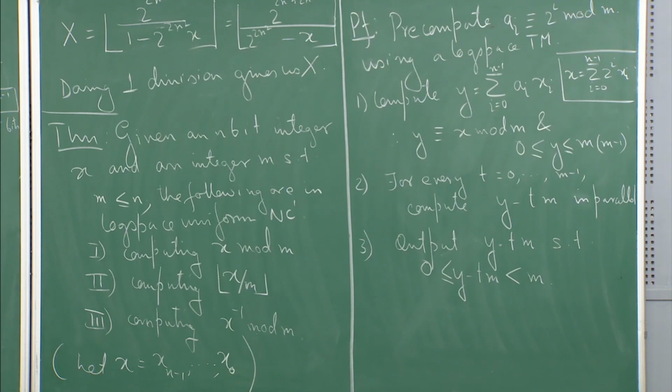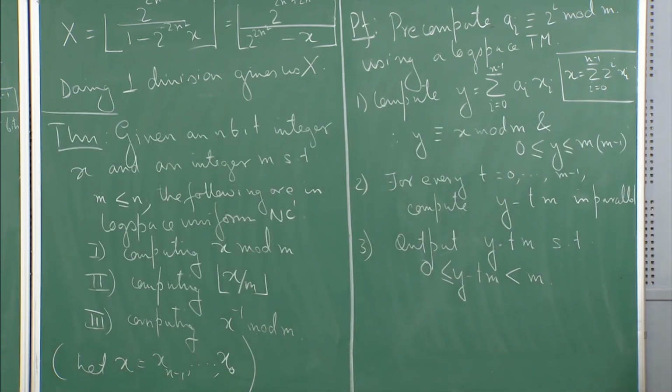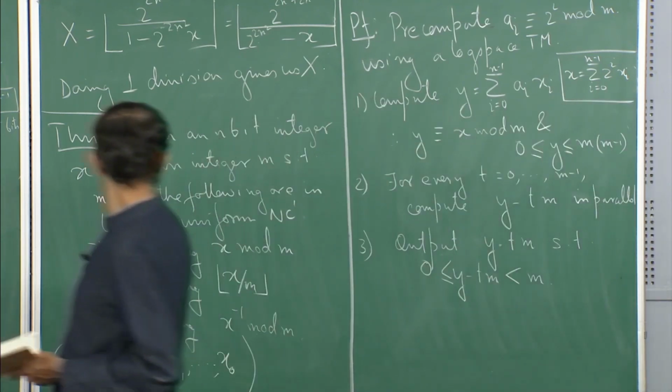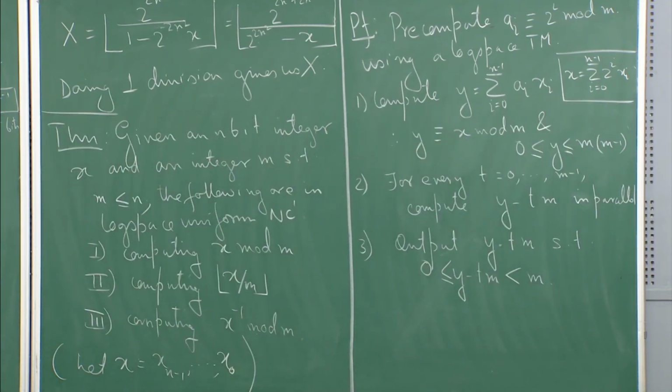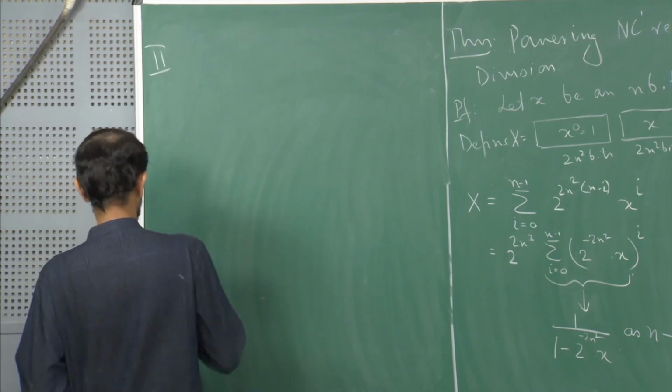So now moving to the next part. The next part is again something that I will leave as a small exercise. Once we have the remainder, how do we get the quotient?